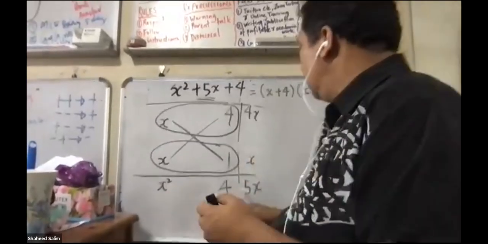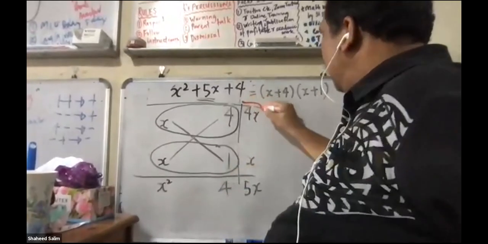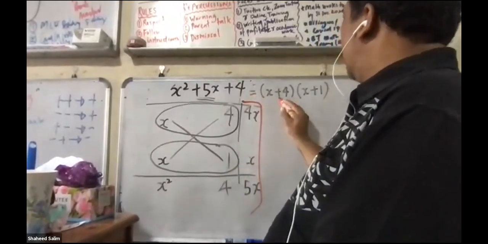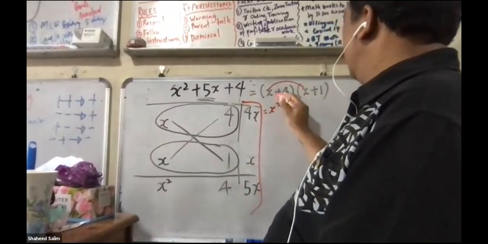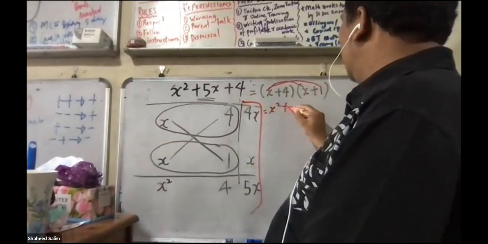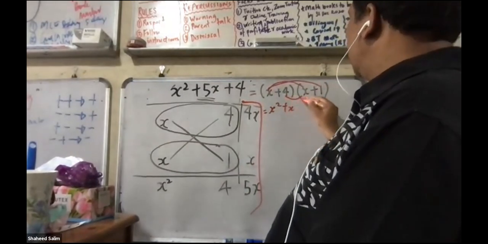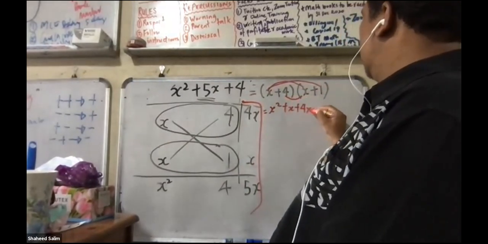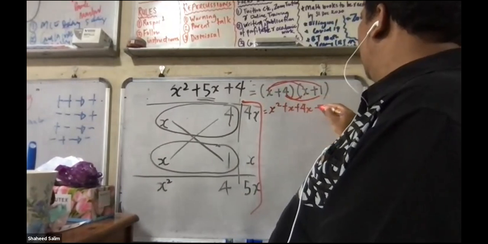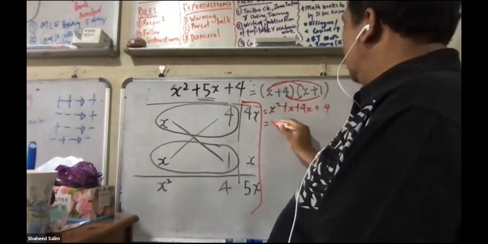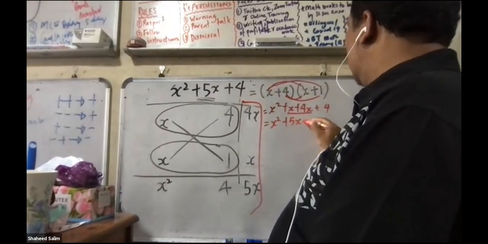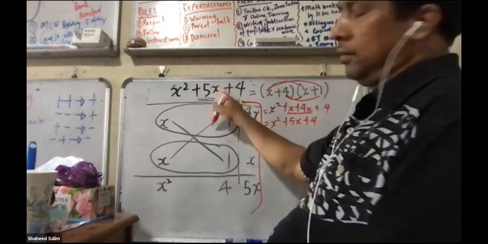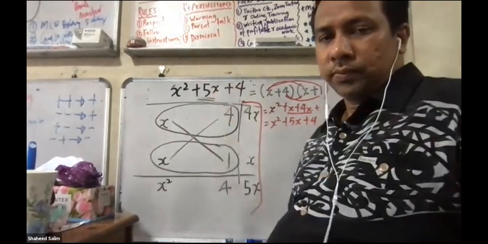Okay, let's see. Now I'm going to times it out. The only way is to times it out. So x times x give me x squared. X times 1, x. 4 times x, 4x. 4 times 1, 4. Equals to x squared plus this together, you add 5x plus 4. This is correct. So it works.